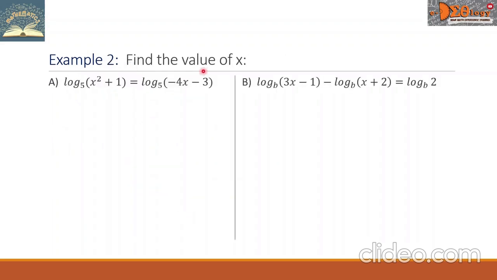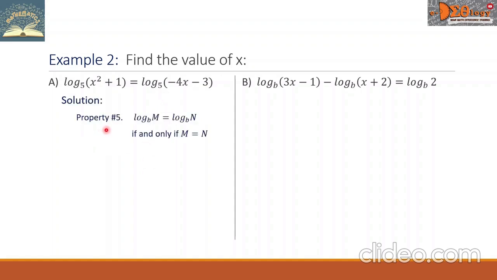Example 2. Find the value of x. We have problems A and B. Let's begin with problem A. Log of the quantity x squared plus 1 base 5 is equal to log of the quantity negative 4x minus 3 base 5.